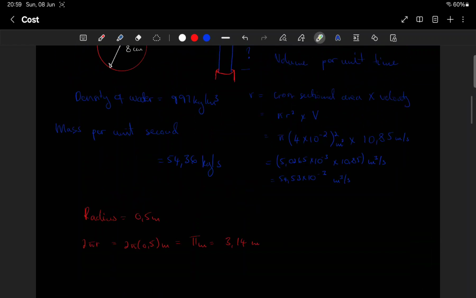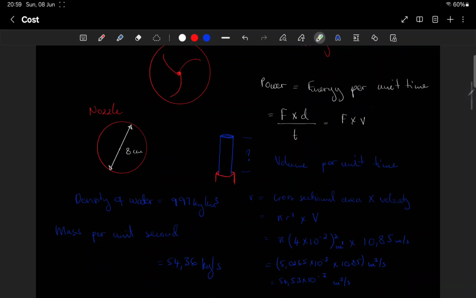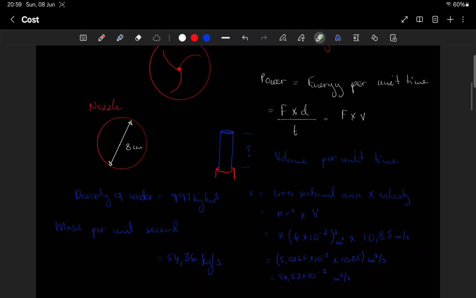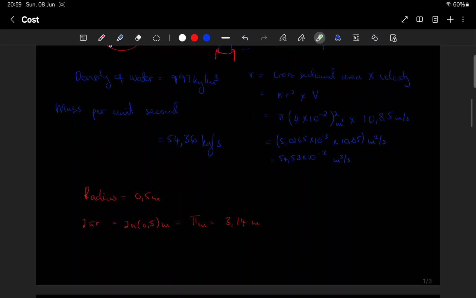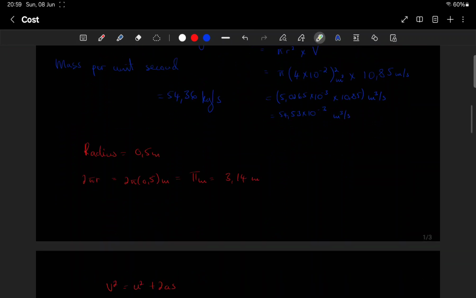Then, as I said, assuming the pump diameter is 0.5 meters. The reason I make this assumption is that to get the power, I need to know the force. What forces are being exerted by the pump on the water, and so I need to know what acceleration the water has to go through, assuming the water goes from an initial velocity of 0.